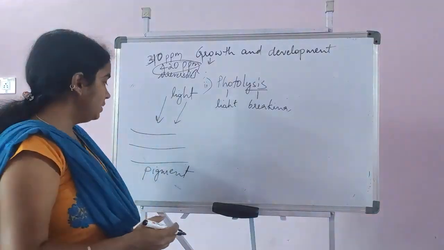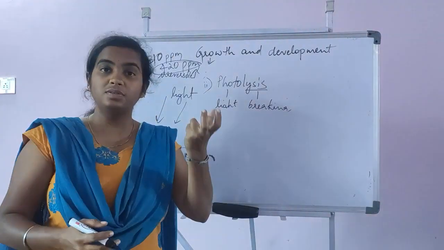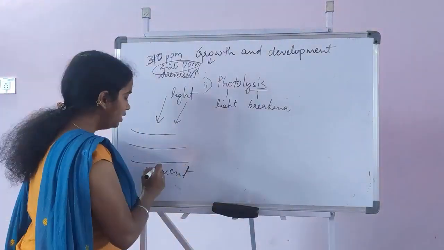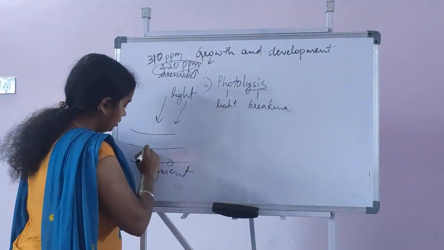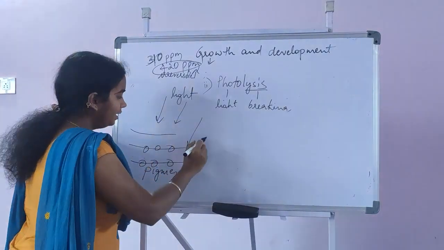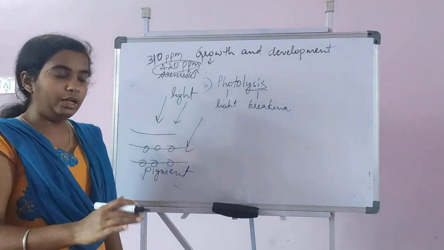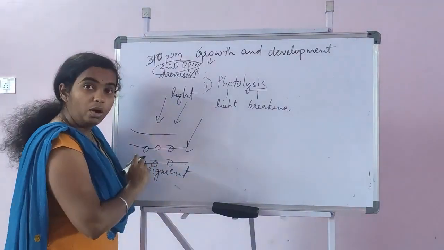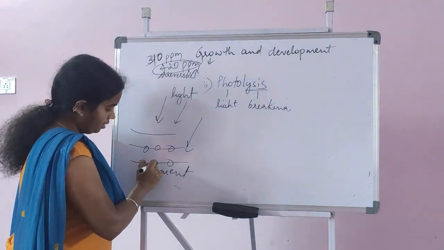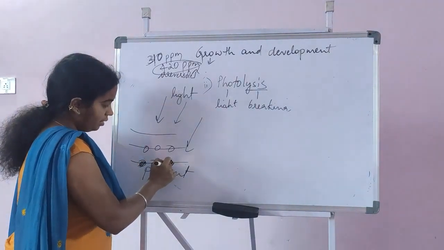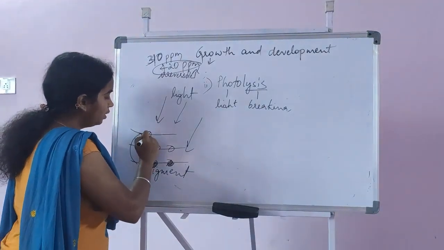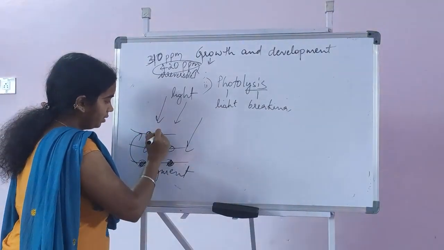When the pigment absorbs the light, that means photons, energy, suppose the electrons are present in the lower orbit. When light energy falls on the electrons, the lower orbit electrons will gain energy and move to the higher orbit.